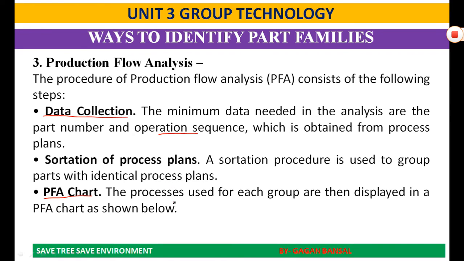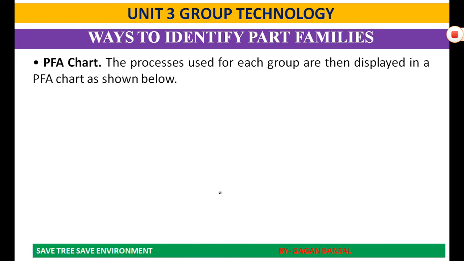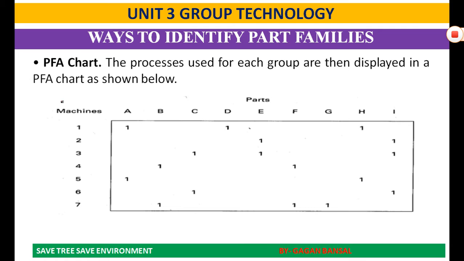The PFA chart is the production flow analysis chart. The processes used for each group are then displayed in the PFA chart as shown. I'll show you the PFA chart. Suppose this is our PFA chart, which is a two-dimensional matrix.